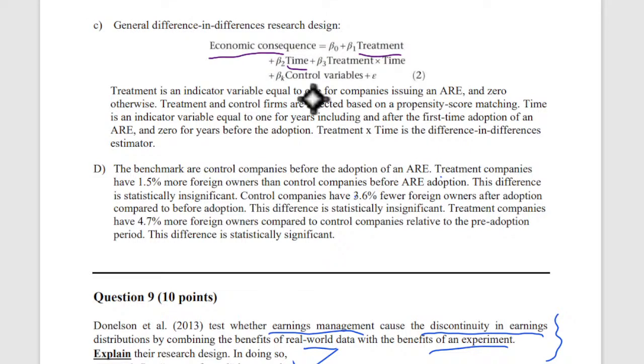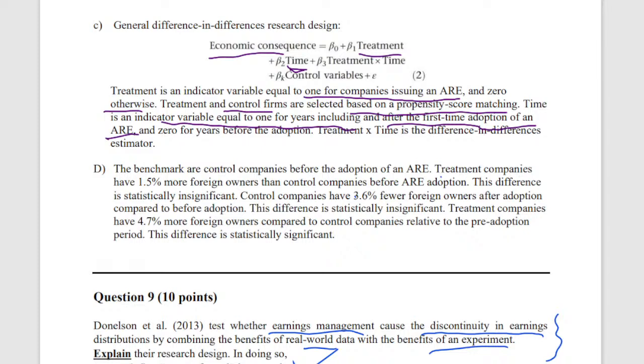Treatment is an indicator variable. It is one for companies issuing an ARE and zero otherwise. Treatment and control firms are selected based on propensity score matching. Time is also an indicator variable, equal to 1 for years including and after the first-time adoption of an ARE.